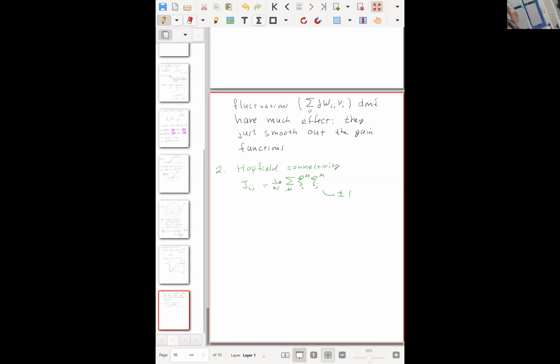And remember, because noise just smoothed out the gain functions, we did have to take it into account to get an effect, but for much of our analysis we could just replace this by 1 over N xi i nu.